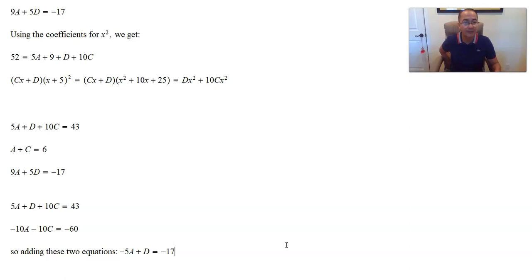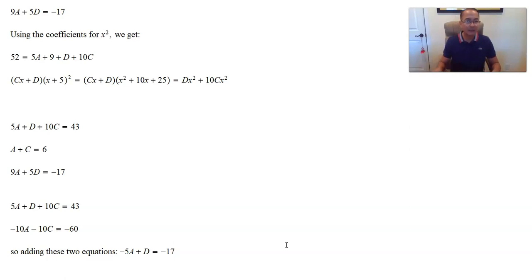So we have minus 60 plus 43, minus 17. Okay, I'm still just mentally checking my arithmetic.